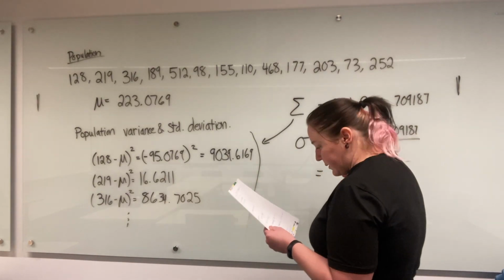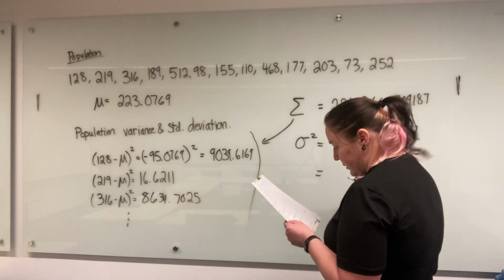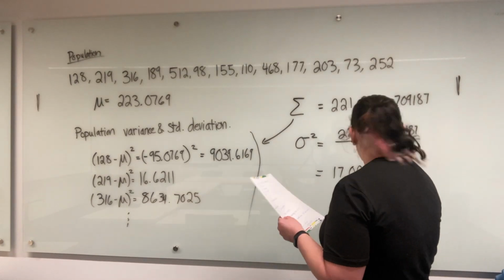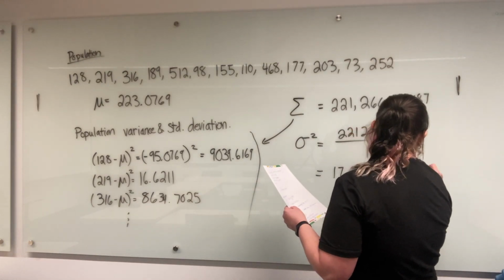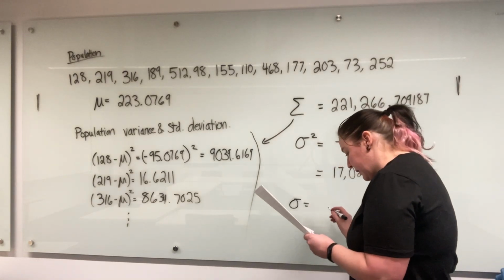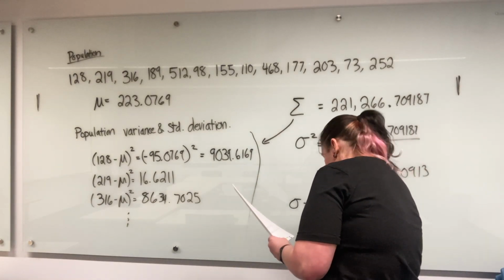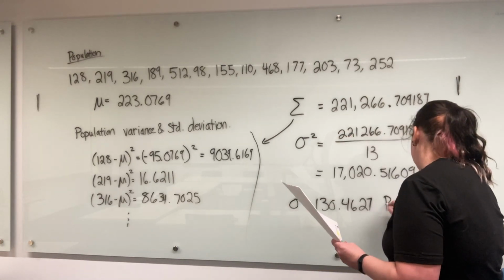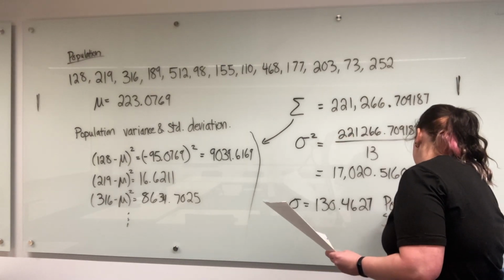So that gives us sigma squared equal to 17,020.5160913. And the square root gives us 130.4627, which again is our population standard deviation.